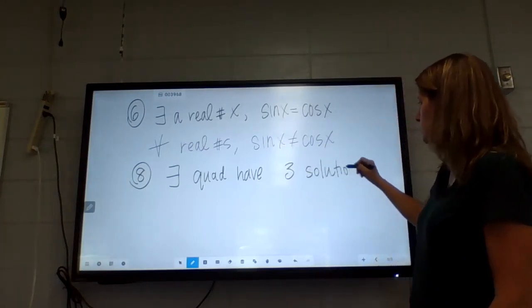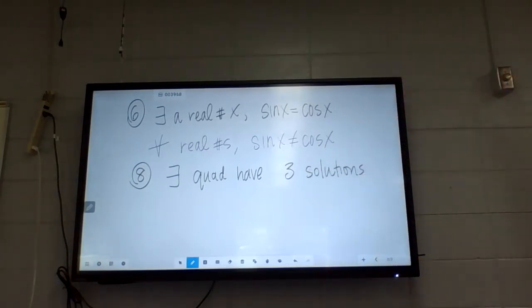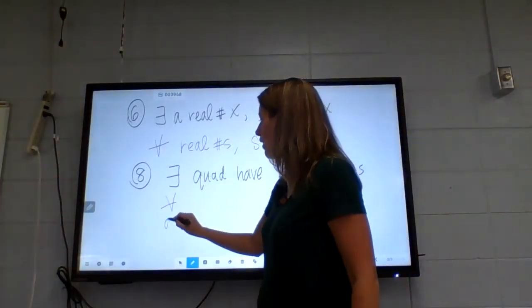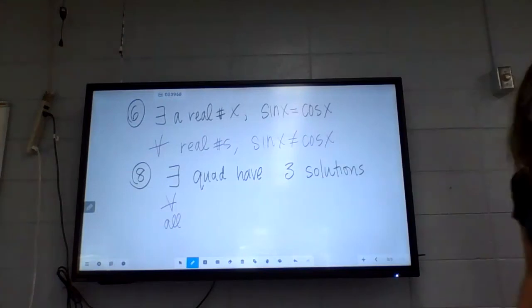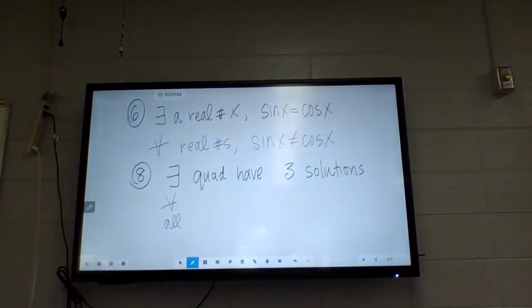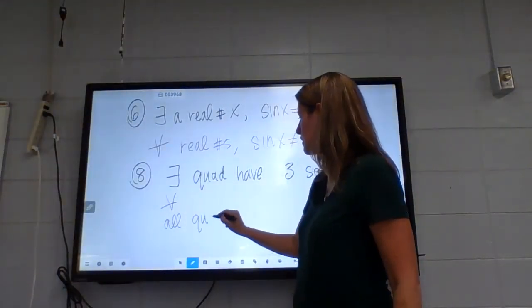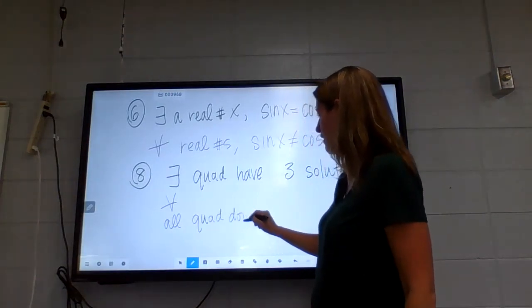And they want us to do the opposite of that. So when it's some, we're saying for all real, so all. And then we want to switch it to don't have 3 solutions. So all quadratics do not have 3.